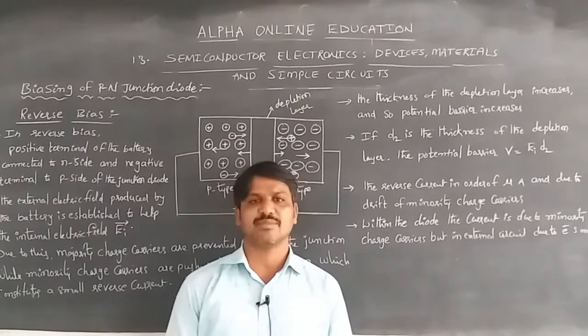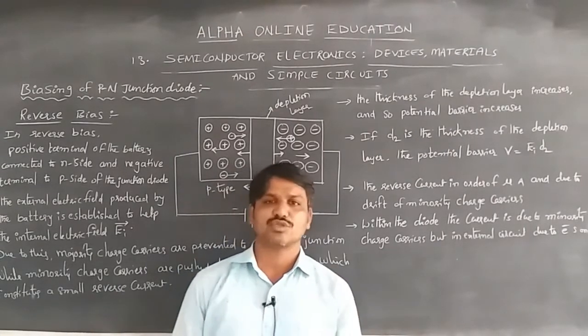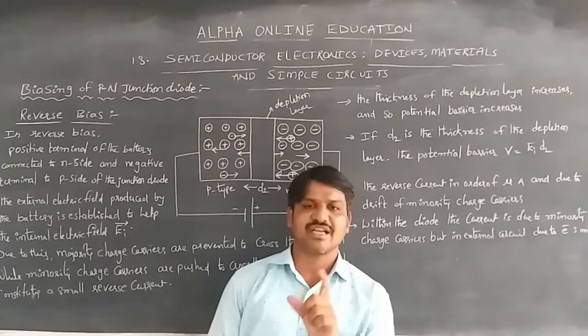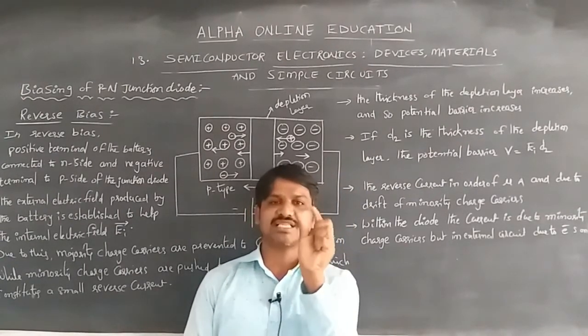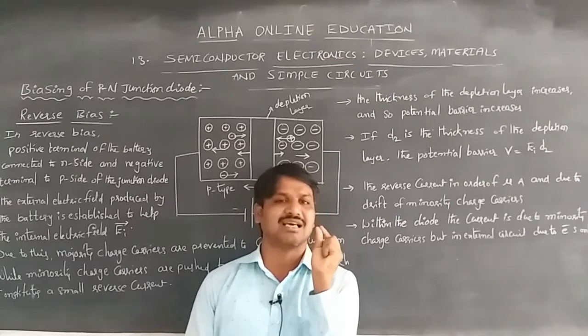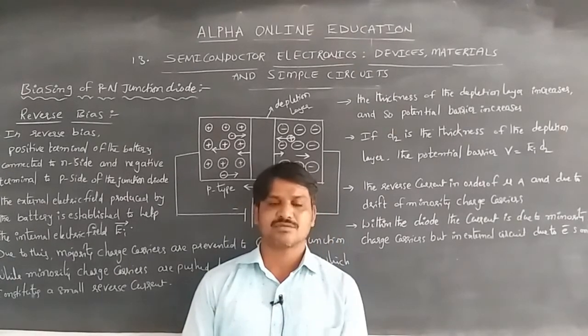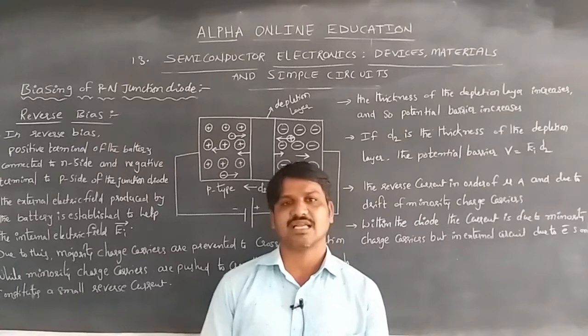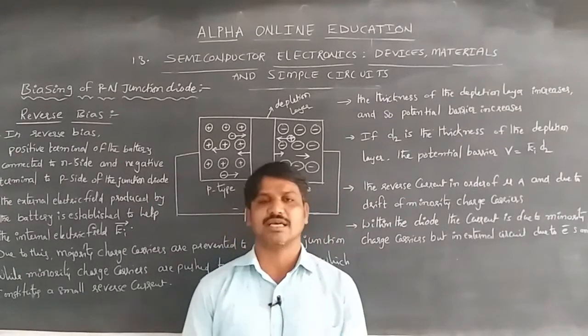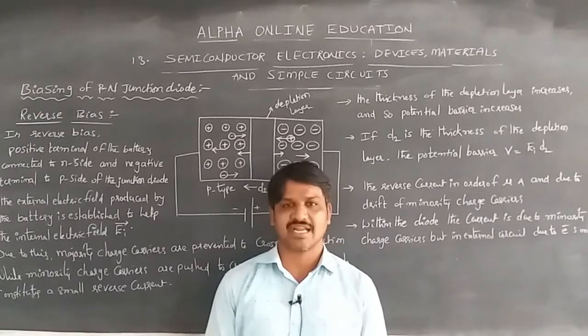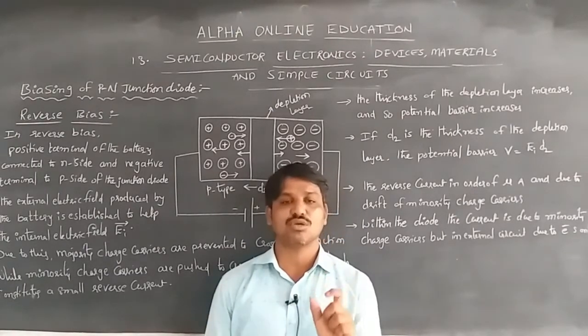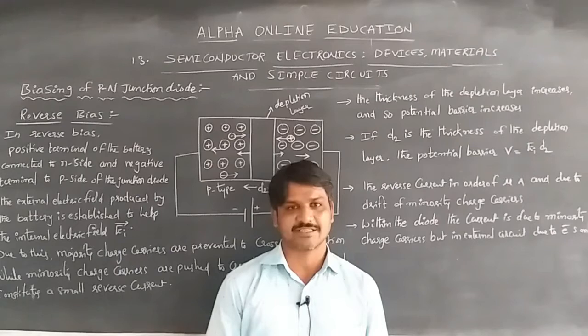In forward bias, due to the attraction force between the positive and negative charge carriers, which are holes and electrons, the depletion layer thickness becomes thinner, meaning it decreases. So the current flows through the diode due to both mobile majority charge carriers.